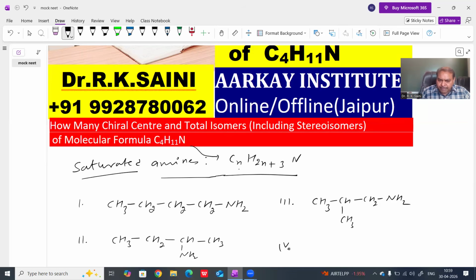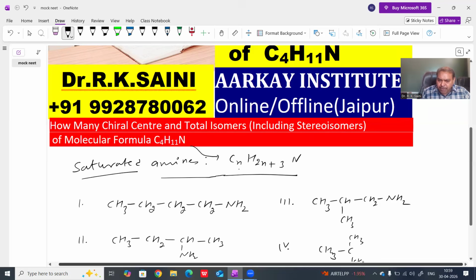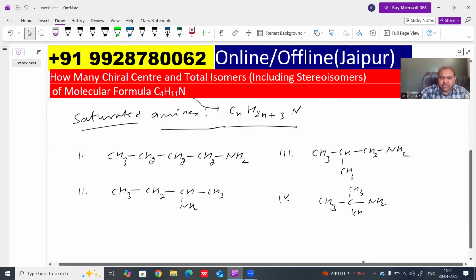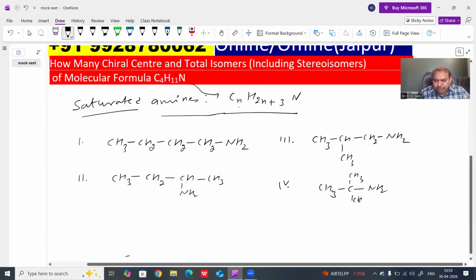And fourth one is tertiary butylamine. All 4 amines are primary because their functional group is NH2. These 4 structural isomers are primary amines.